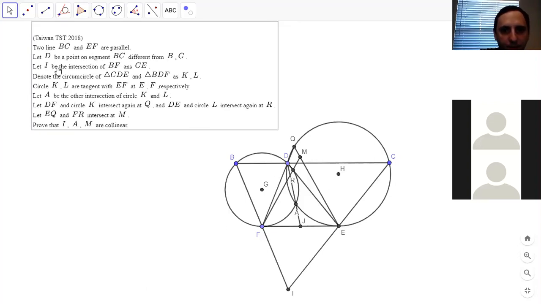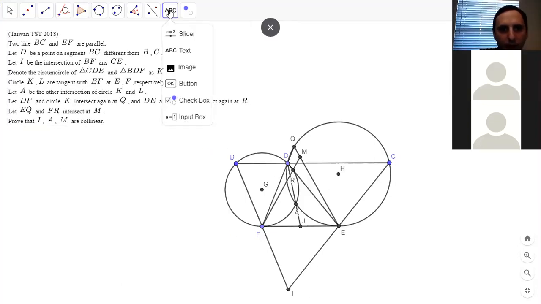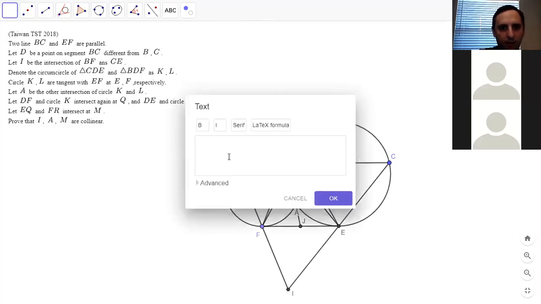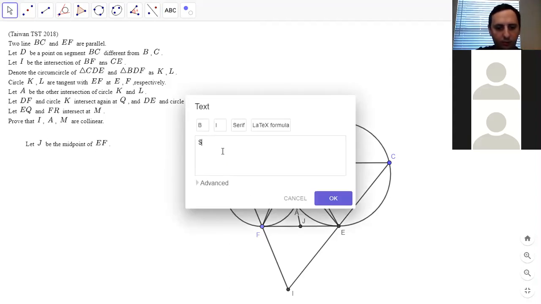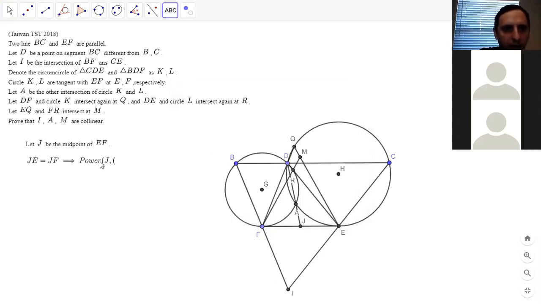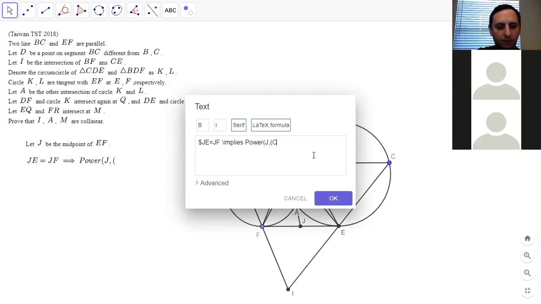All right. So since JE equals JF, then that means the power of J with respect to CDE equals the power of J with respect to BDF.